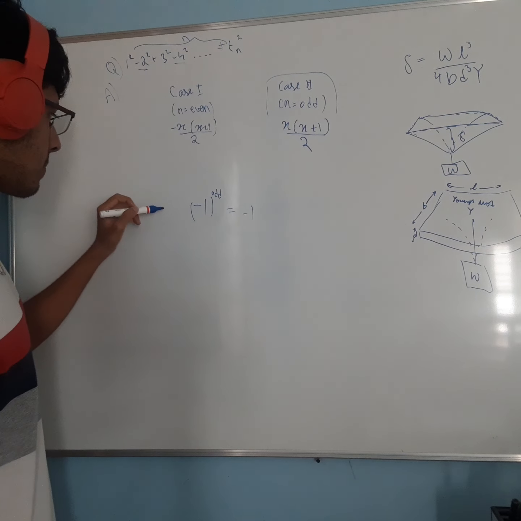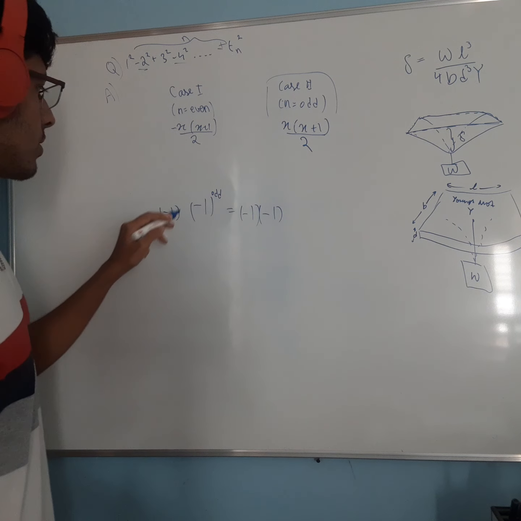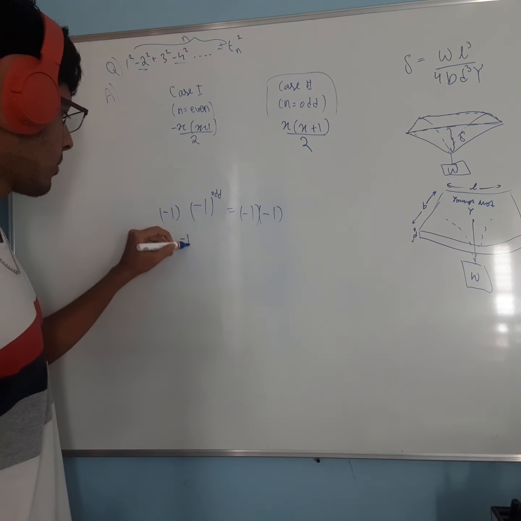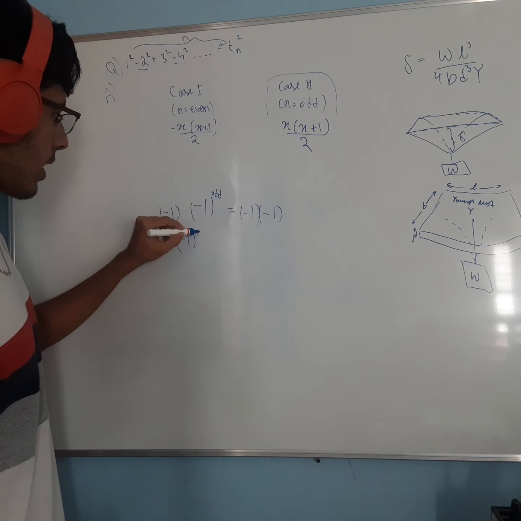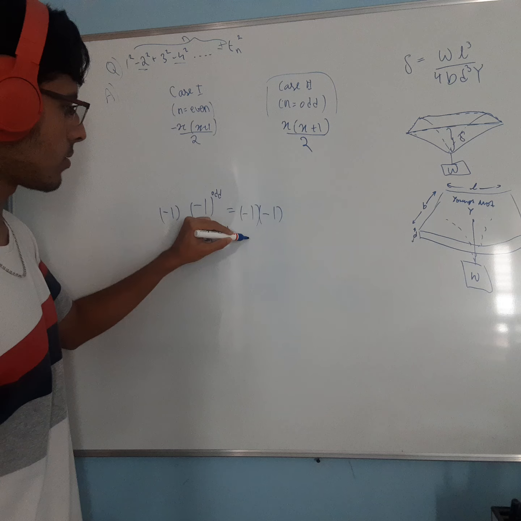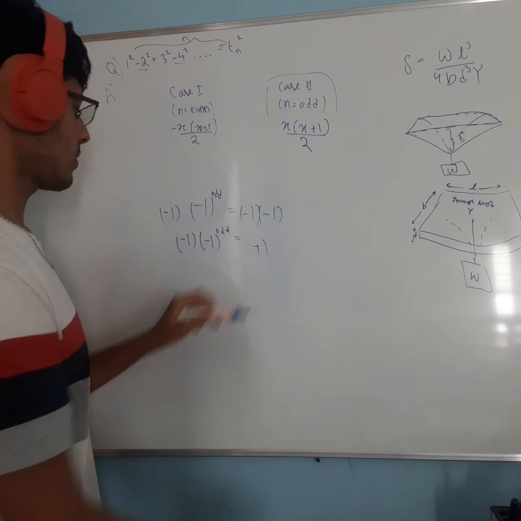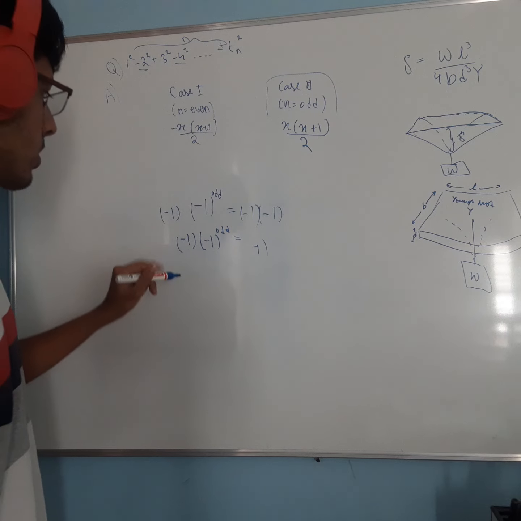So if I just multiply this by negative 1 on both sides, now negative 1 into negative 1 power odd is always going to give you positive 1. This is exactly what we want.